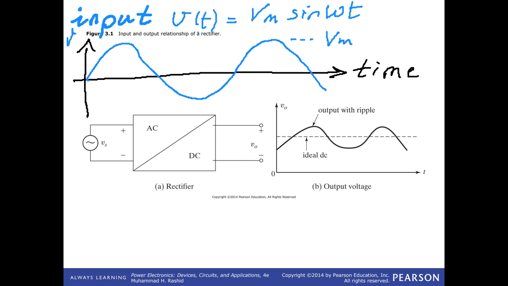Just assume that we have got a DC from this, such that, for example, we convert this part and get that waveform. We convert this part and get that waveform.